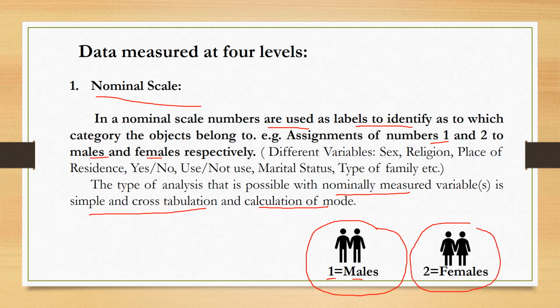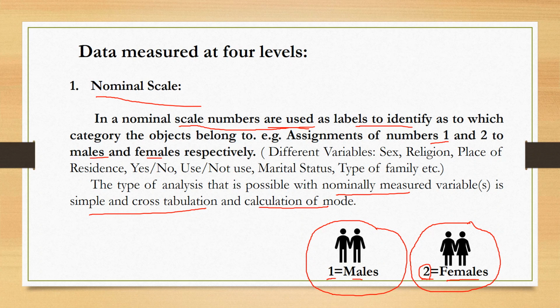Here is the female group. Females are denoted with 2. So the female variable is qualitative and it is denoted with 2. In a nominal scale, numbers are used to label the category.